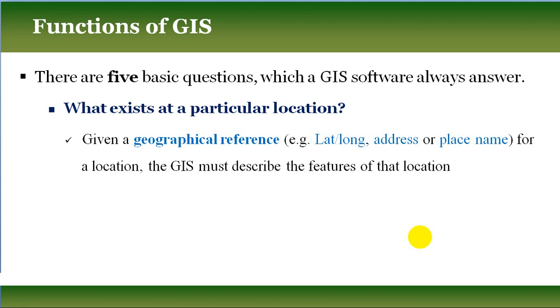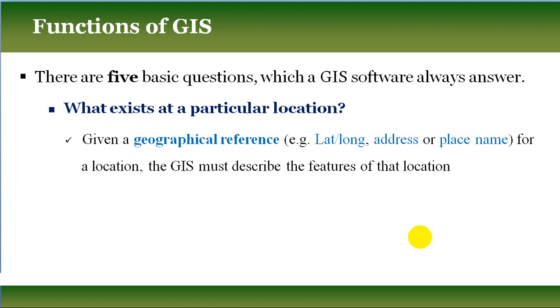So if you ask what exists at 20D Baligon Station Road, then GIS software will show you which building exists at this particular address. In the same way, if you ask what exists at Jaipur city, the GIS software will show you where Jaipur city is and it will pinpoint this particular location as per your requirement.